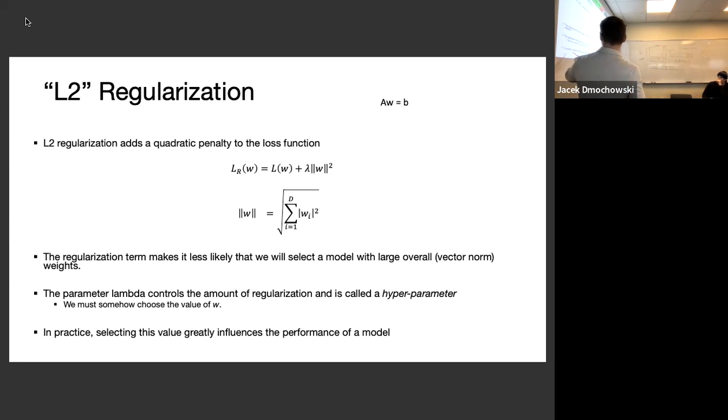So the bad news is that in practice, selecting the value of lambda is super important, which sucks, because if we don't select it right, our model will not achieve good performance. And so tuning this hyperparameter is a big part of what the data scientists at Google do, I think.